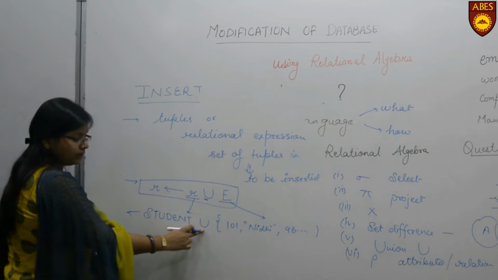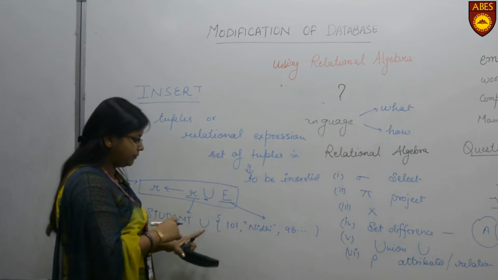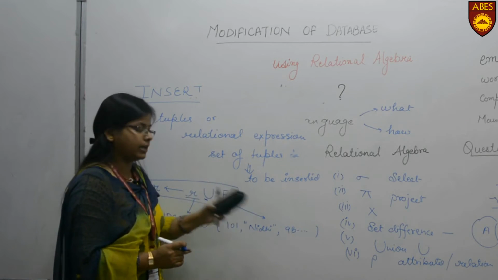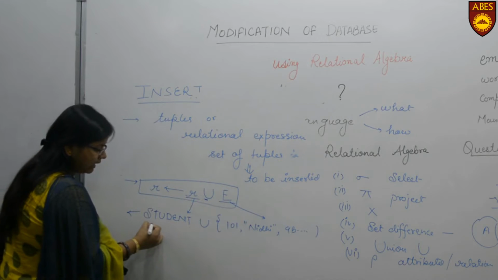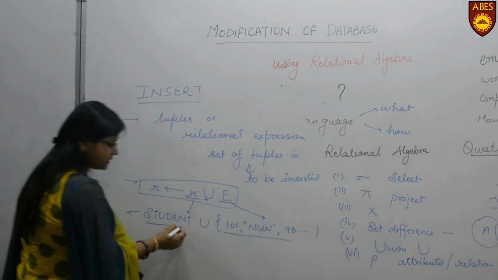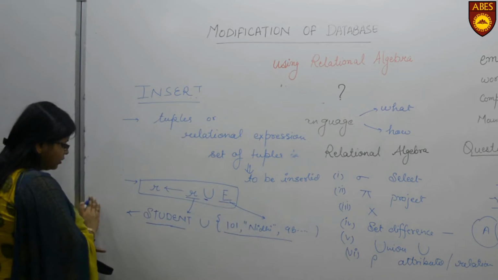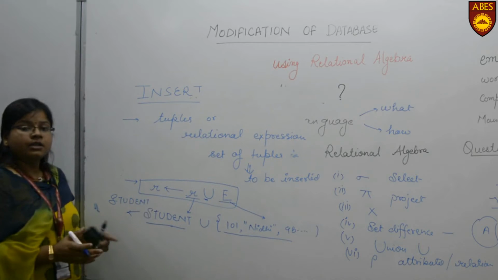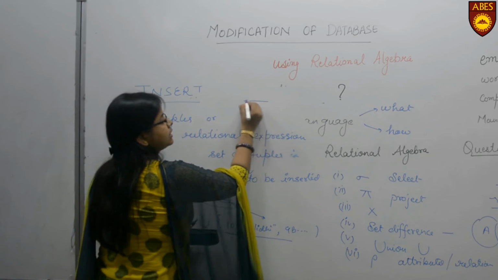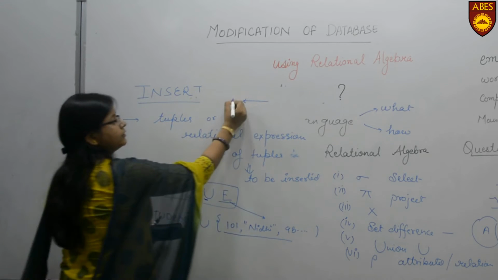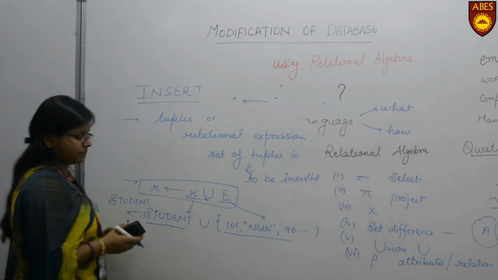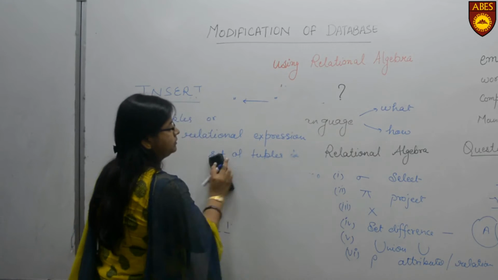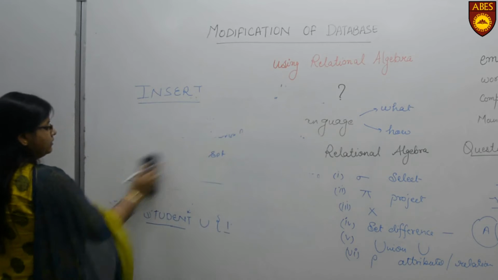And this union, as I said earlier, means tuples in relation 1 plus tuples in relation 2. So the union operation will add this new tuple into the existing student relation and it will be copied into the student table. So the assignment operator is used in writing relational algebra queries. Next will be the delete command or the delete statement.